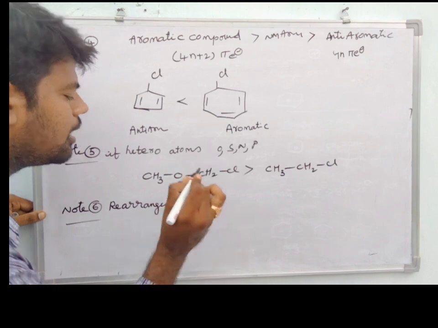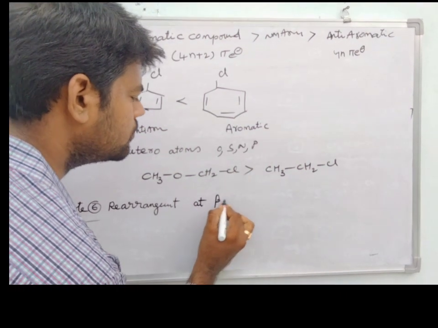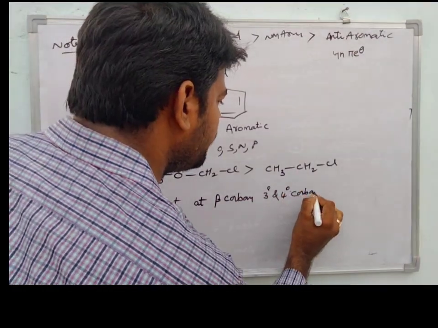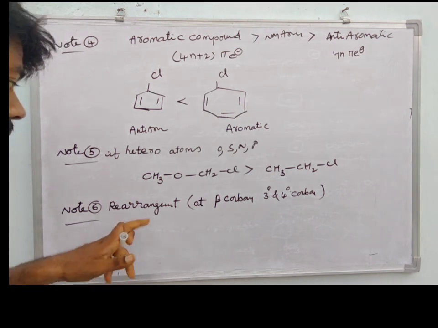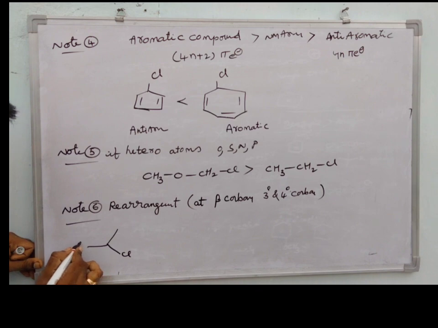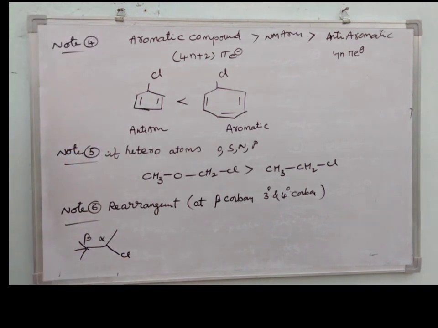Most students get it wrong. Generally, if at the beta carbon a tertiary or quaternary carbon is present, it most probably goes through the SN1 mechanism and automatically undergoes rearrangement. If it has one chlorine atom on this carbon, this is the functional group connecting carbon, the alpha carbon. This is the beta carbon. On the beta carbon, a total of 4 are there. Therefore, it is a quaternary carbon.